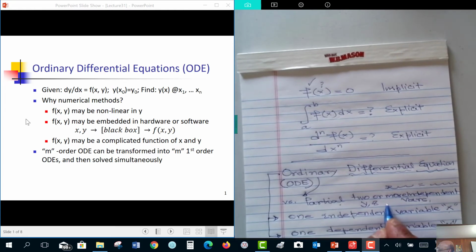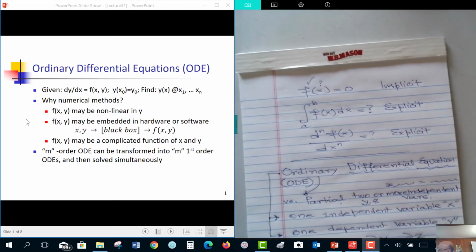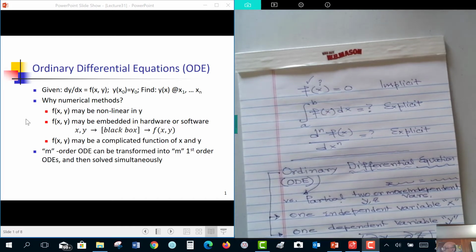So we talk about the partial derivative of y with respect to x, and the partial derivative of z with respect to x. A differential equation involving these kinds of partial derivatives is known as a partial differential equation. What we are going to learn in the next couple of weeks is how to solve an ordinary differential equation.